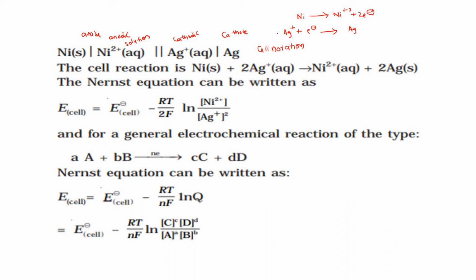You need to balance the number of electrons, multiply with 2 here, electrons will be balanced here. 2 electrons are cancelled. Now what are we writing here? 2 moles of Ag plus plus nickel gives rise to nickel plus 2 plus Ag.